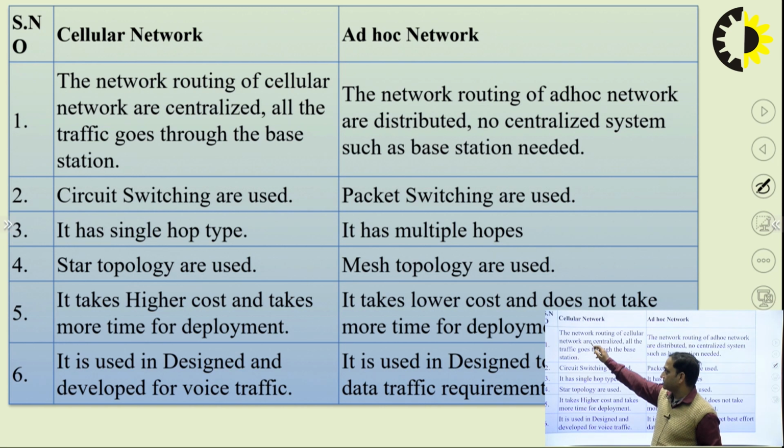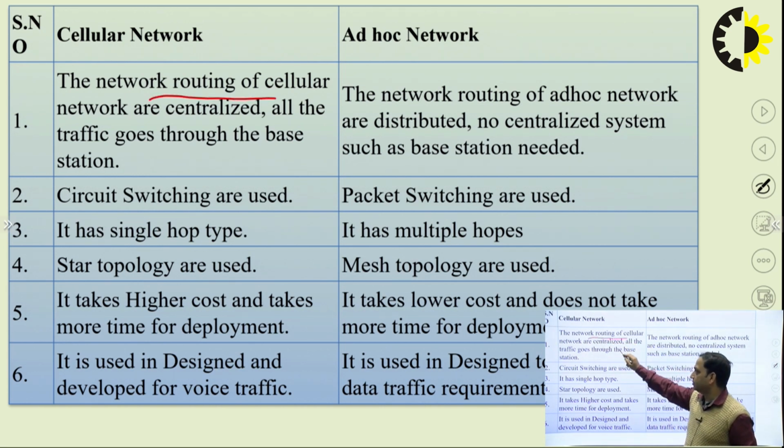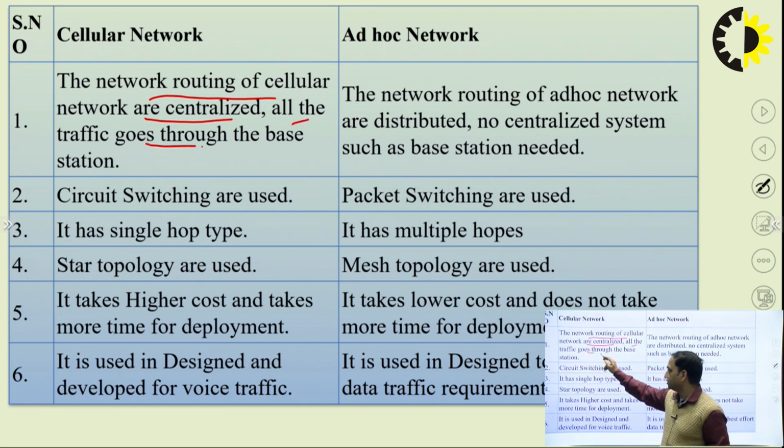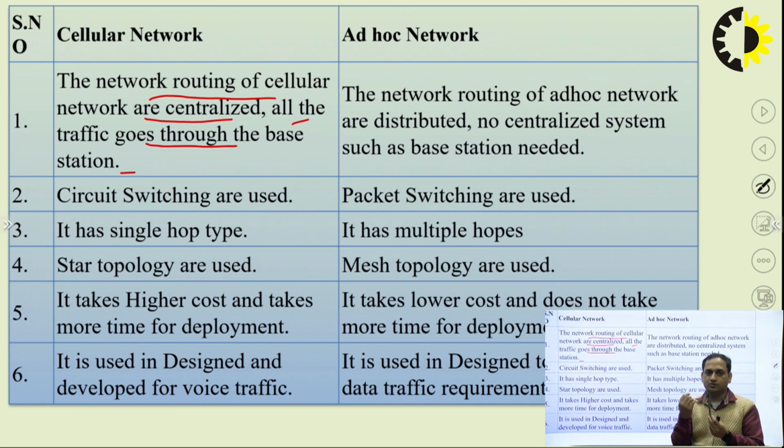In this cellular system, the network routing is centralized, and all traffic goes through the base station. The base station controls all the subscribers in the given cell. Circuit switching is used in cellular networks, and it is a single-hop type network. Base station is there, one mobile station is there.